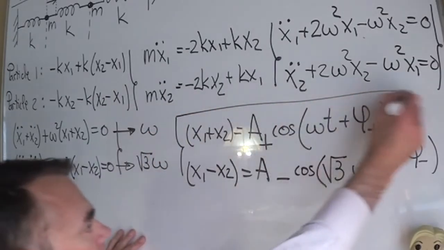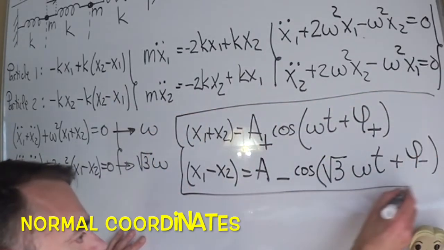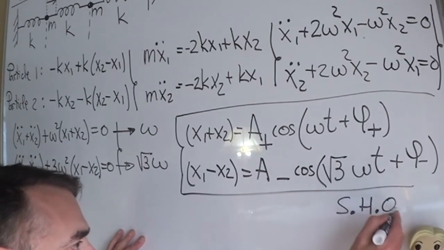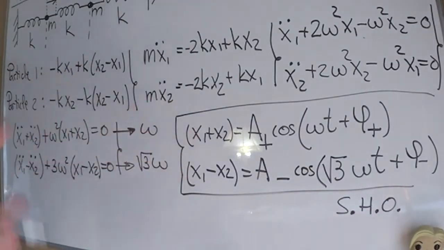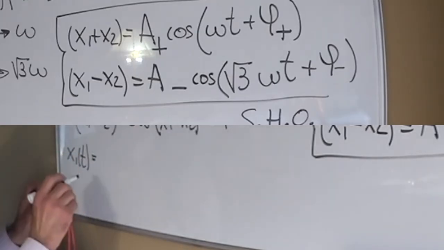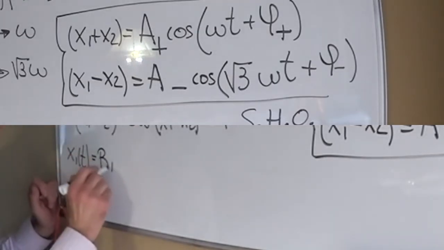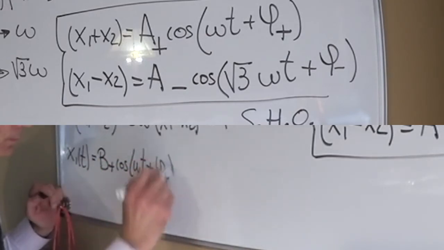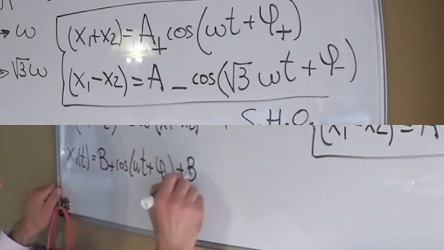This combination of variables are called the normal coordinates of the system. They both oscillate with just one frequency each. Be aware that their frequencies are not the same. So let's now go and solve this system of equations to find the equations of motion for the actual x1 and x2.